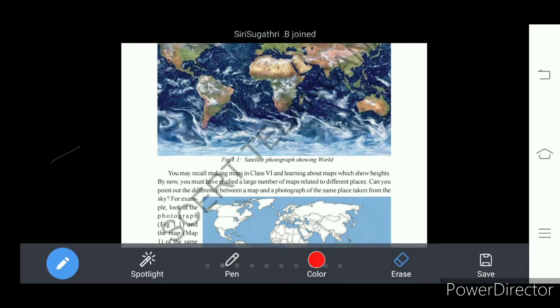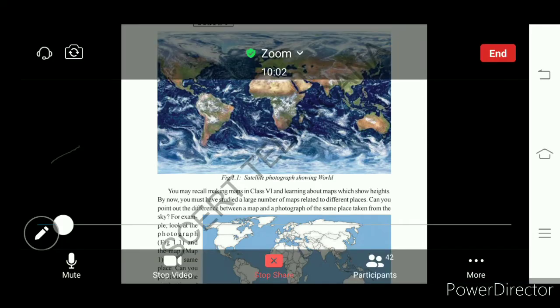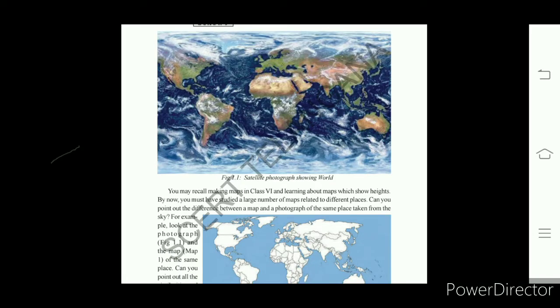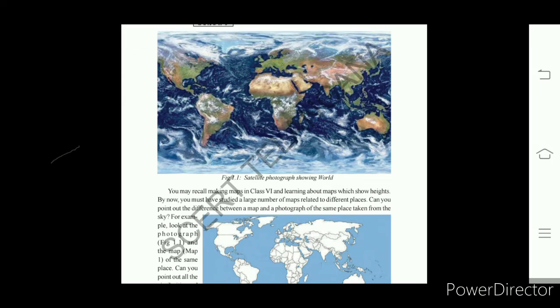No, we can't find here, right? The countries in different continents, right? Photograph, it shows only the real things that appear there.